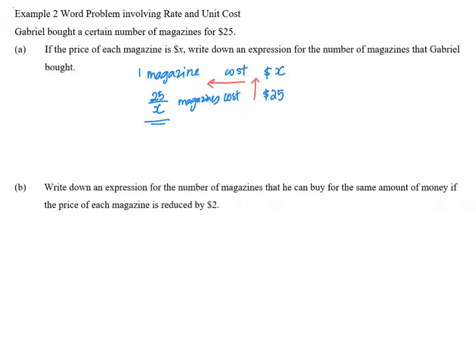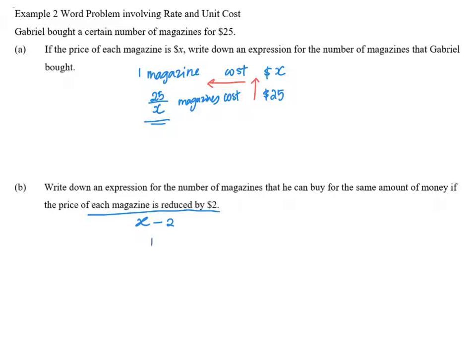Okay. And part B, write down an expression for the number of magazines that he can buy for the same amount of money if the price of each magazine is reduced by $2. What was the original price of the magazine? X dollars. If I reduce it now by $2, that means I subtract 2.